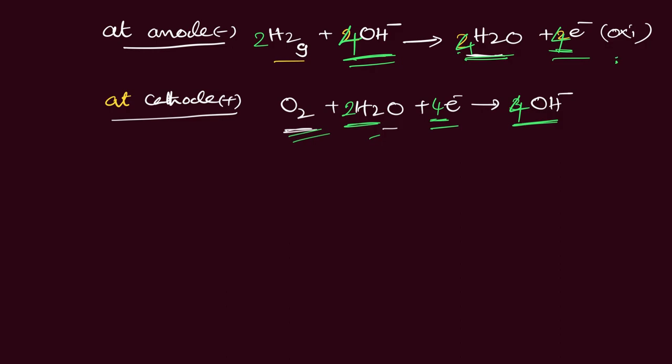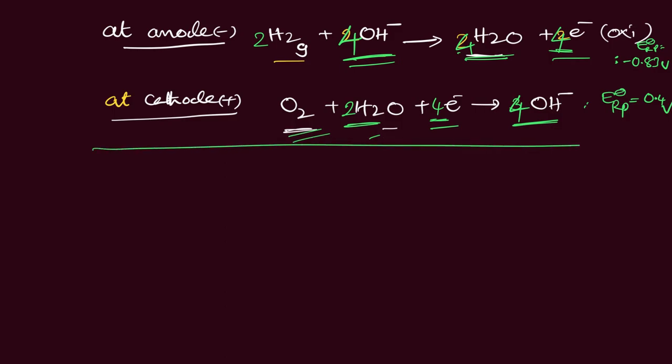Now for the anode reaction, everyone knows the electrode potential is minus 0.83 volt, the E naught reduction potential. And at the cathode, the E naught reduction potential value is 0.4 volt.